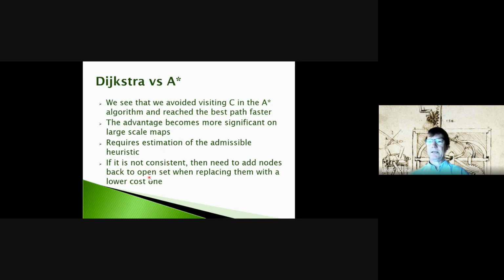That's a little bit of a nitpicking thing, but that's where if we have visited a node and think that that's the lowest cost one, and we take that out, but then we replace that node with the lower cost one later on, then we need to put it back into the open set. Kind of a nitpicky thing there.